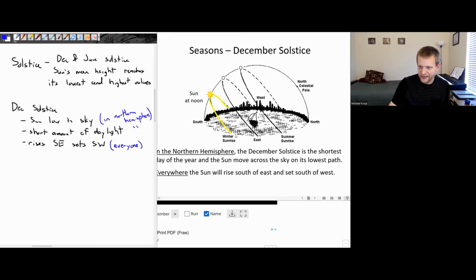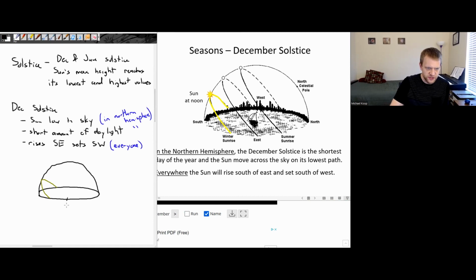So this is, again, kind of the same sort of map that I was showing in that little demo. Let's see if I can draw this decently well to see what this would look like. So if that's our horizon, this is the sky. I can do that a little bit better. Let's try that. Then the sun in December is going to take a path that looks something like this.